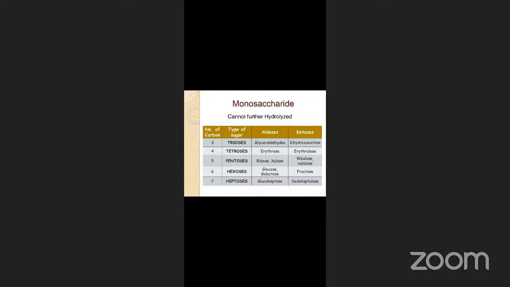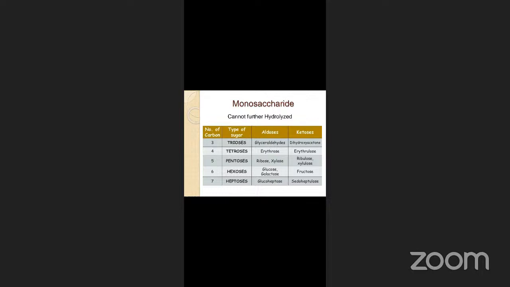The examples of triose aldoses, we call them aldotriose: glyceraldehyde. Then ketotriose, dihydroxyacetone. Aldotetrose, erythrose. Ketotetrose, erythrulose. Aldopentose, ribose and xylose. Ketopentose, ribulose and xylulose.